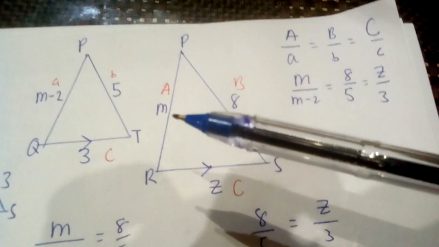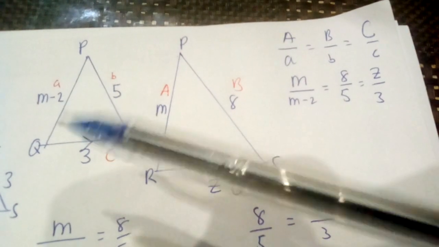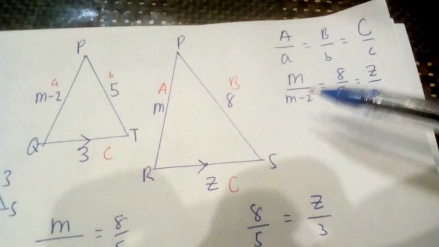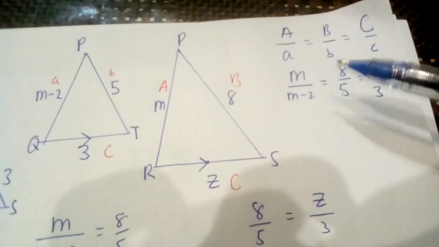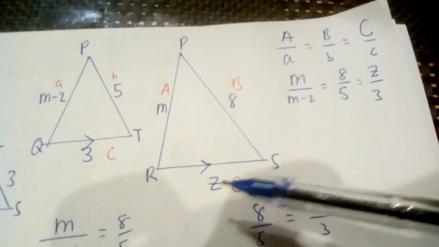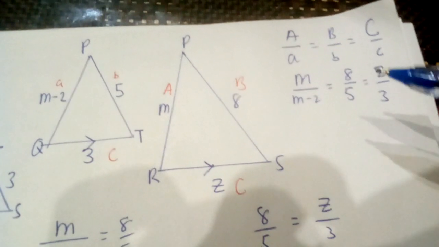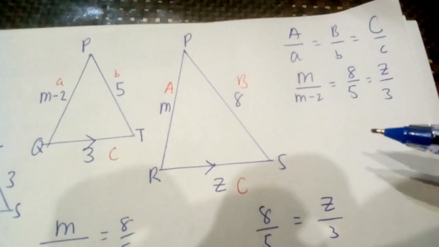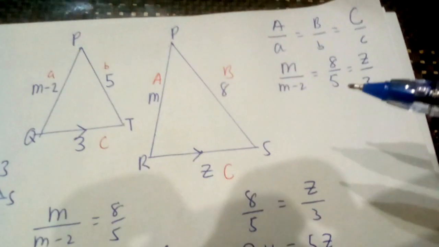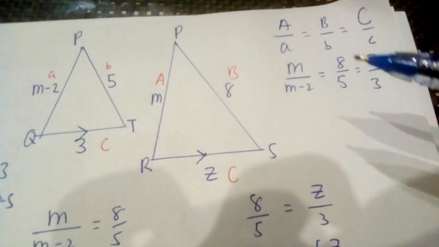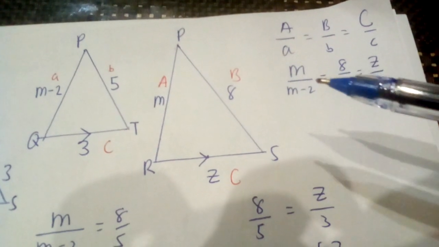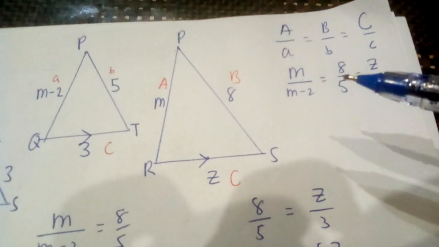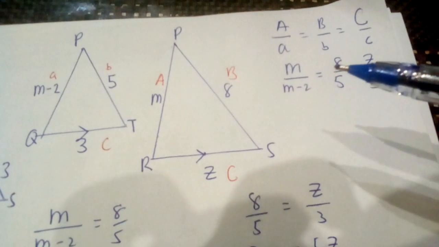A is M, small a is M minus 2, we indicate here. B is 8 over 5, we indicate there. And C is Z over 3, we indicate there. After doing so, we shall take 8 over 5 to use it for cross multiplication on both sides. This one with this, and again 8 over 5 with the other side, as shown here.